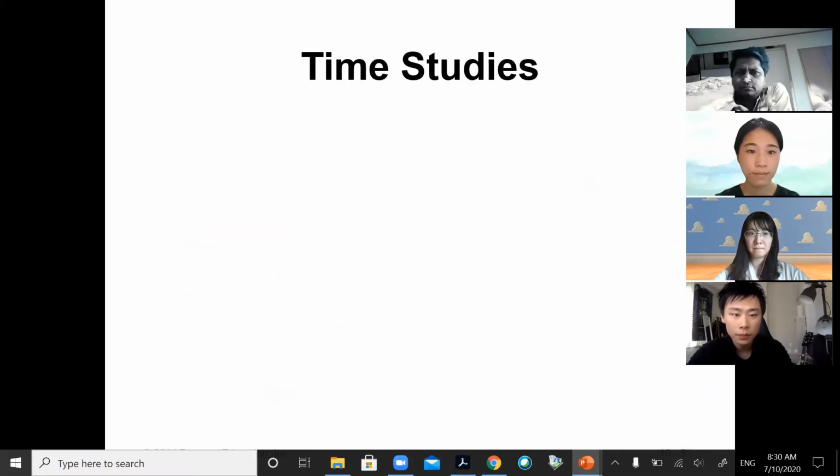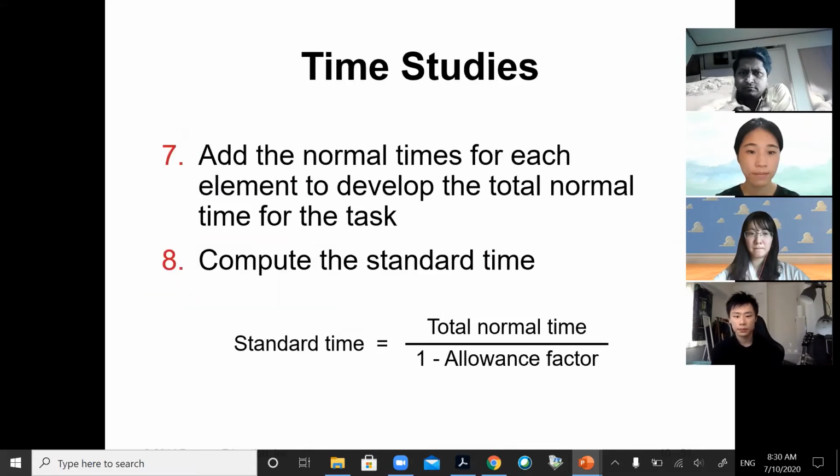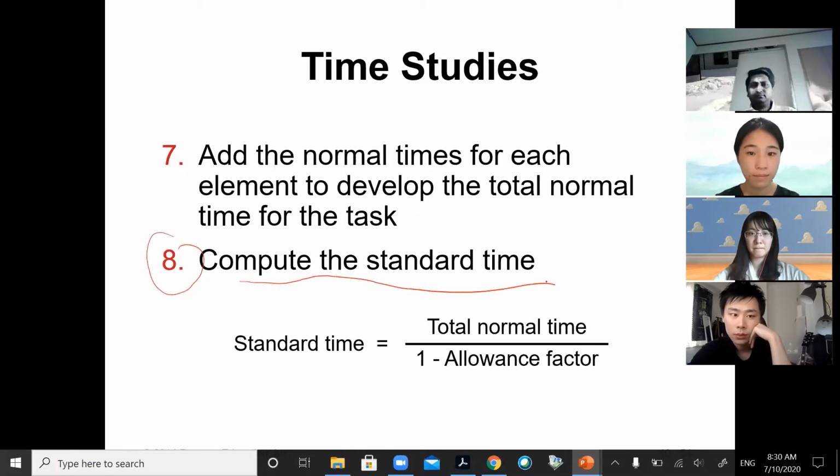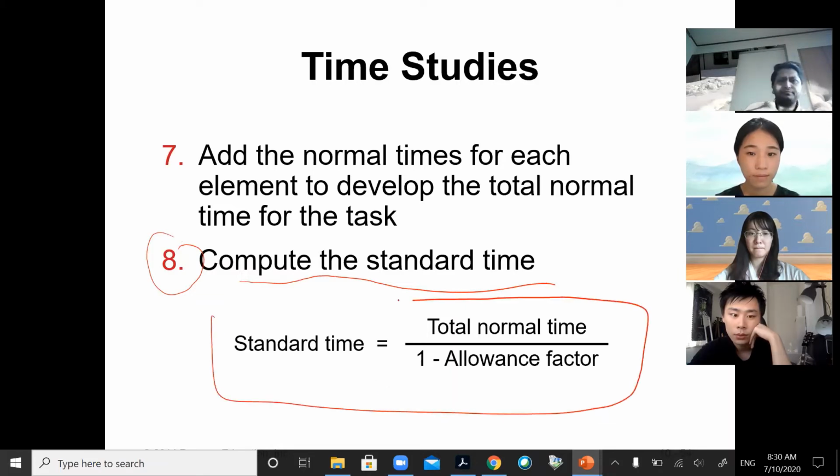Okay. And step number seven is you add up the normal time for each element. So you must add up all the elements' normal times. Then finally, you calculate the standard time, using this formula: total normal time, obtained from step number 6, divided by 1 minus the allowance factor.